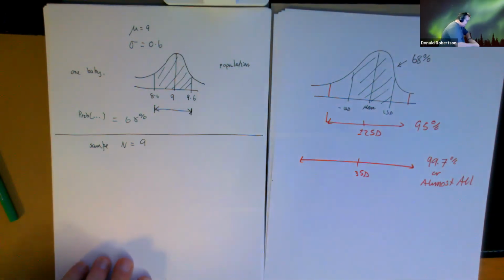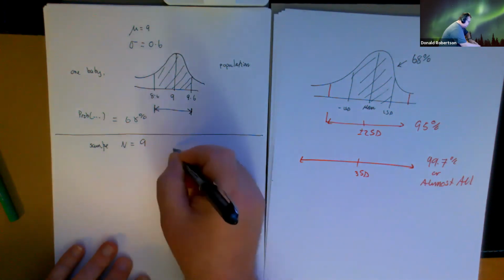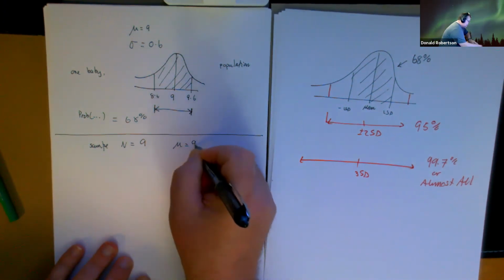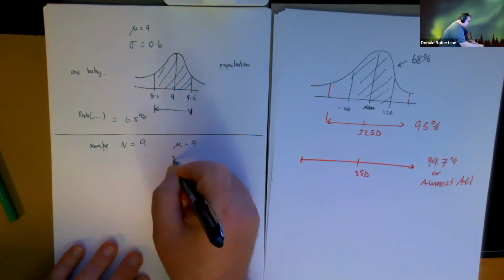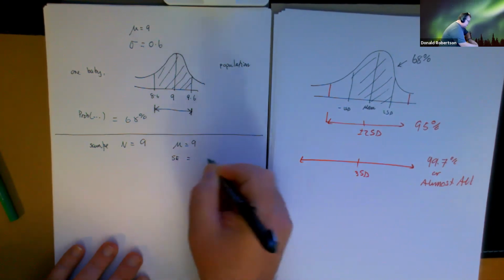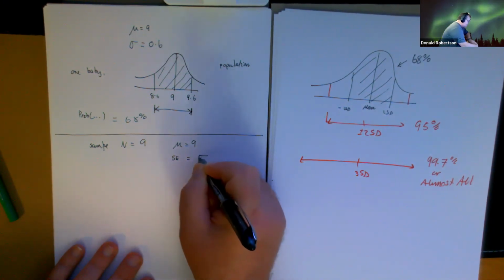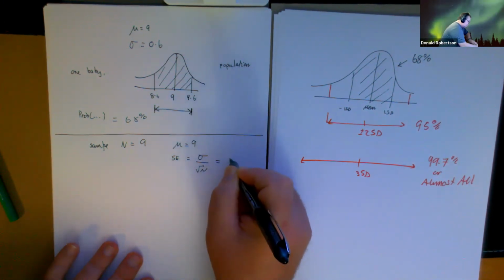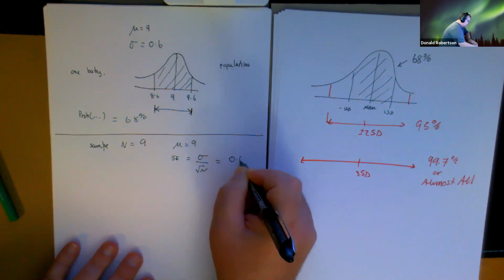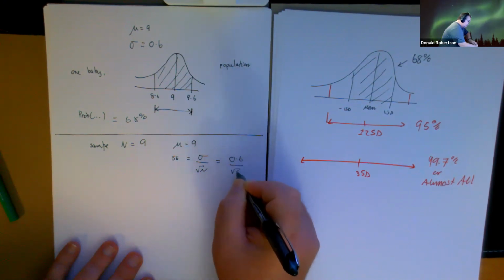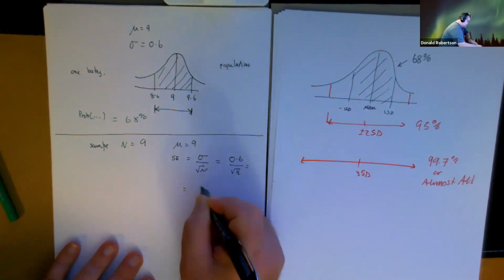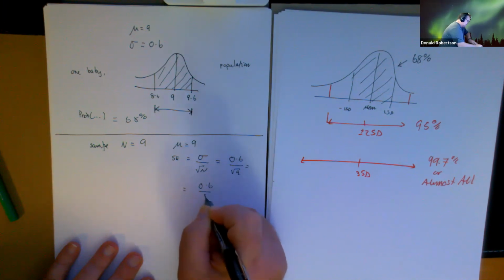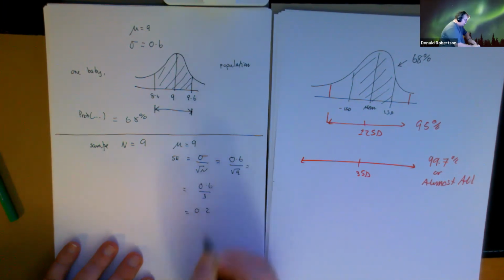And in this case, the mean is still going to be 9, but the standard deviation is going to be sigma over the square root of 9, which is going to be sigma divided by the square root of 9, 0.2.